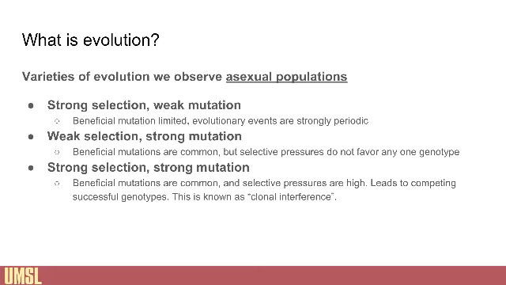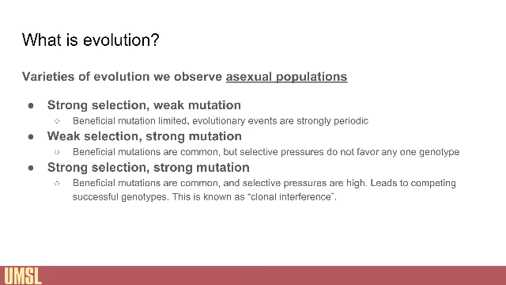Now, there's also this regime of strong selection and strong mutations. So this is where beneficial mutations are very common, and selective pressures are high. And so this is basically how I would argue the cell phone market actually played out, right? So this might have been like 2005, and this is 2018, right?